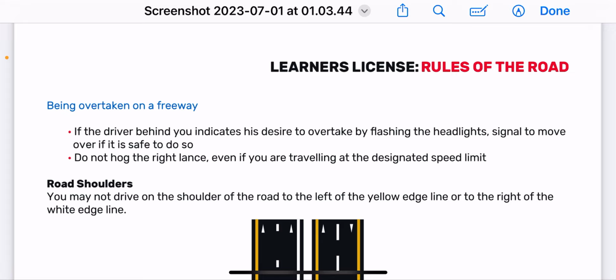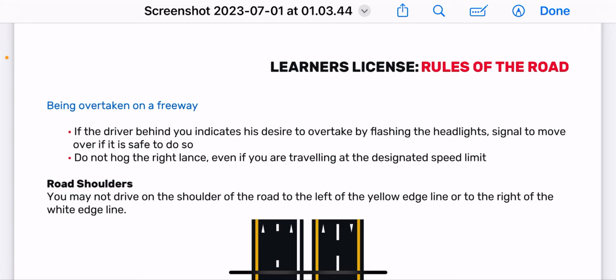And then being overtaken on a freeway. If the driver behind you indicates his desire to overtake by flashing the headlights, signal to move over if it is safe to do so, and do not hog the right lane even if you are traveling at the designated speed limit.